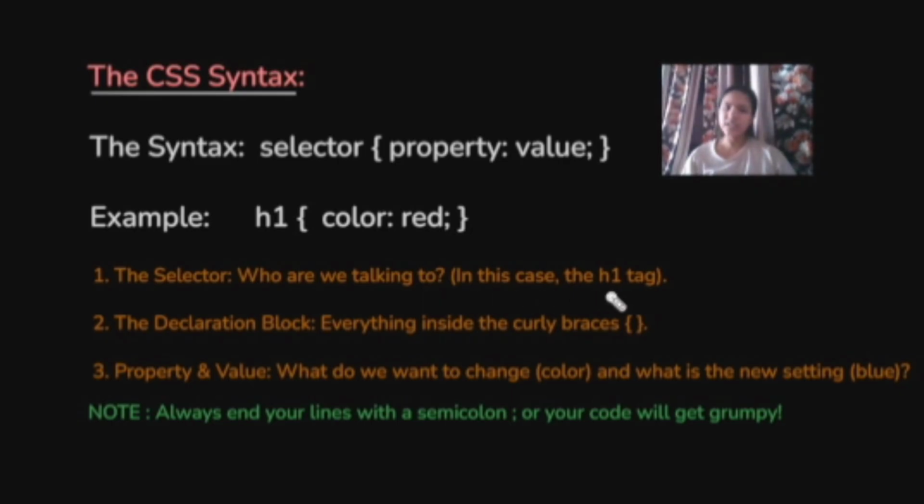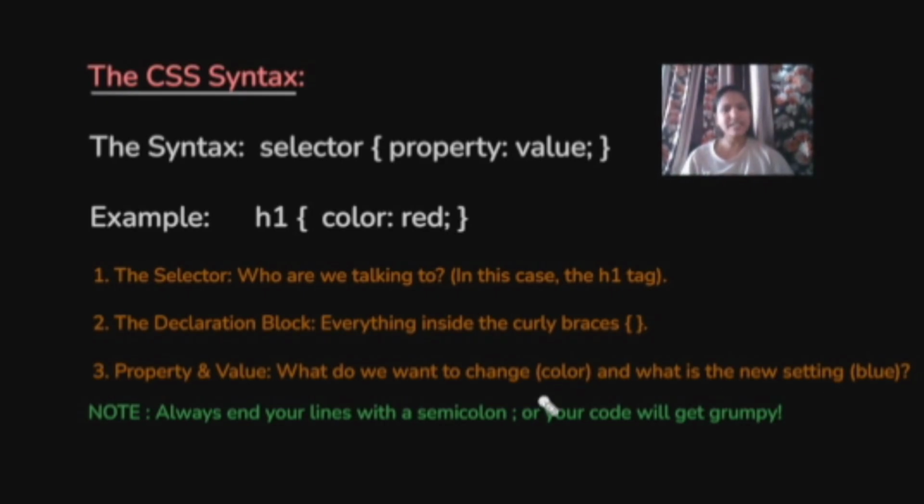In the case of the h1 tag, the declaration block is everything inside the curly braces. Inside this we write the property and value. What is property and value? The property is what we want to change, what we style on the tag selector, like color or background color. The value is the new setting, like I want to set the text color to blue or red.